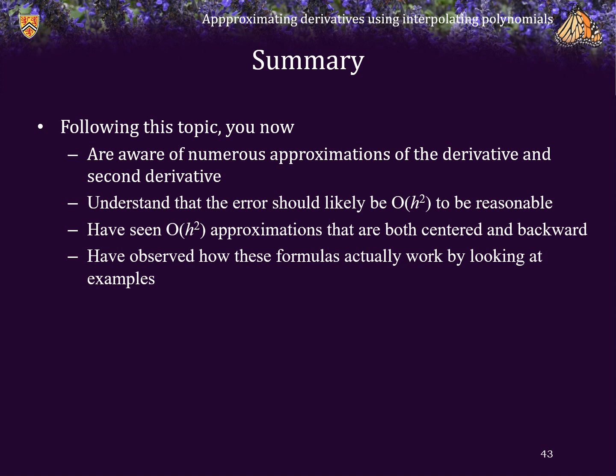And finally, you have observed how these formulas actually work by looking at examples where we continually divide h by 2 and observe that the error does go down by either a factor of 2 or a factor of 4, depending on whether it is order h or order h squared, respectively.